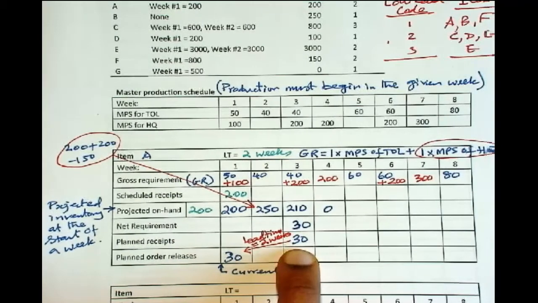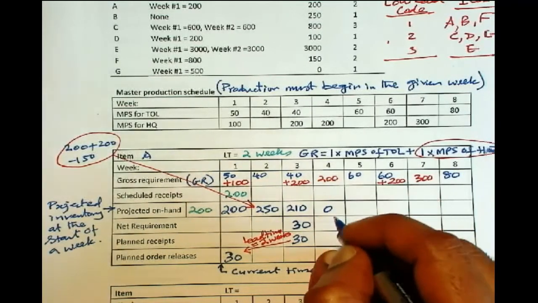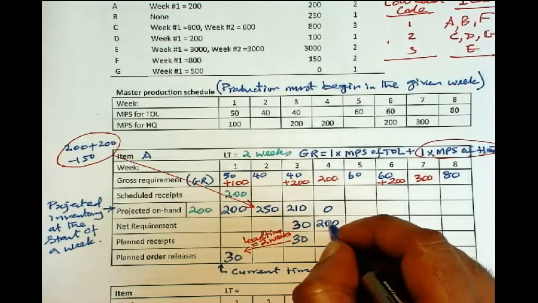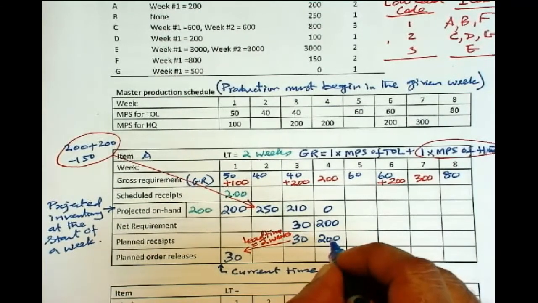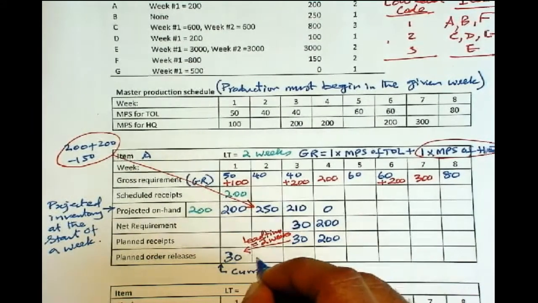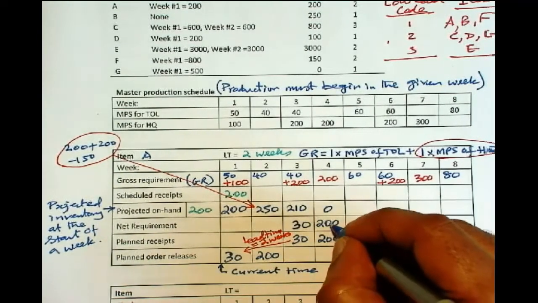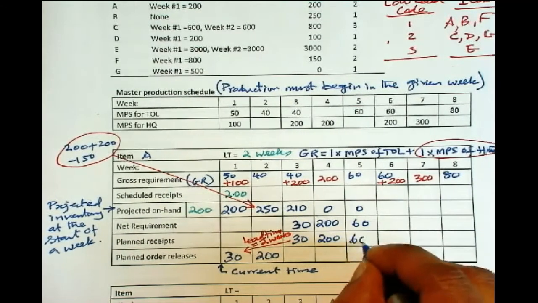Okay, now we have 30 coming in, 30 net requirement, so 30 minus 30, you'll have nothing at the beginning of week 4. Projected on hand at the beginning of week 4 is 0, and you have a requirement of 200, so that is our net requirement for week 4, and so that must be made available, and for that to be made available at the beginning of week 4, we have to order 2 weeks in advance. So for that, then 200 minus 200 will be 0. So you get the hang of it. So that 60 is your net requirement and must be made available.